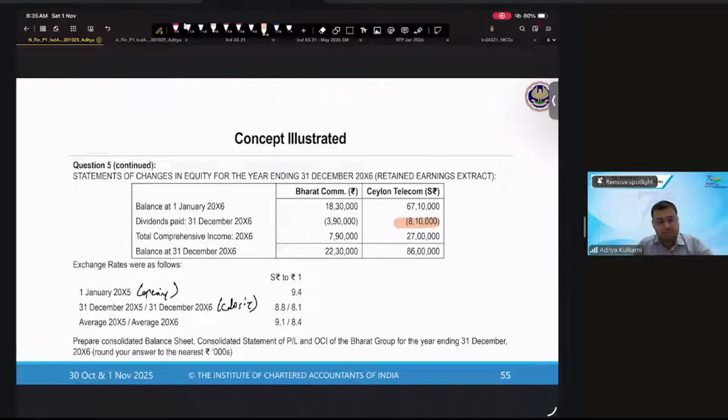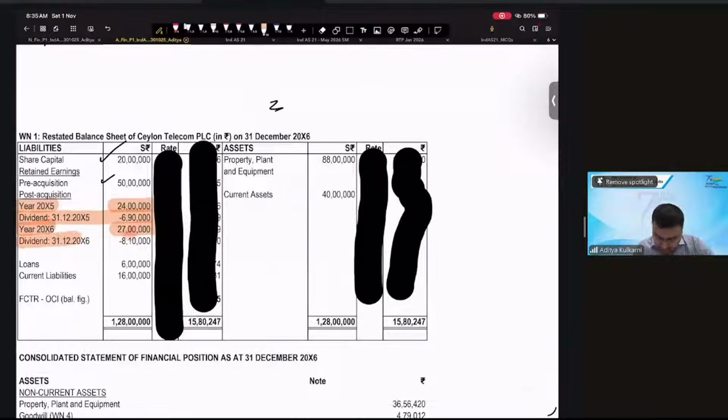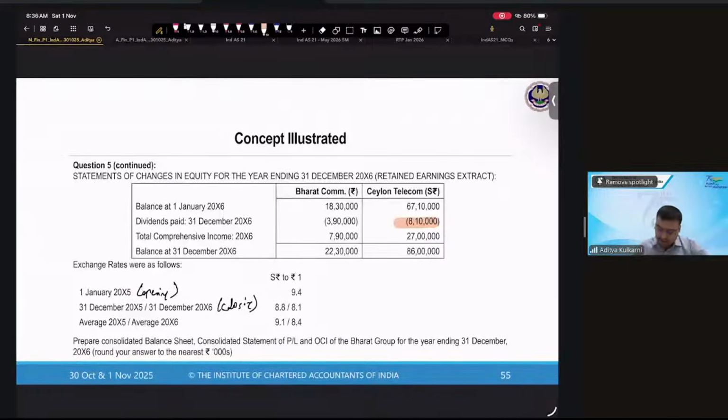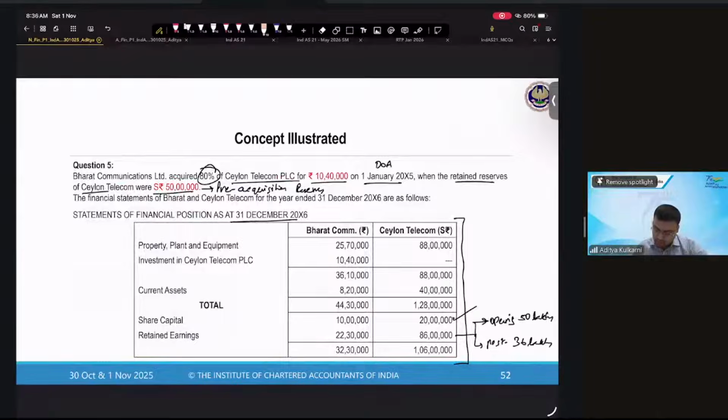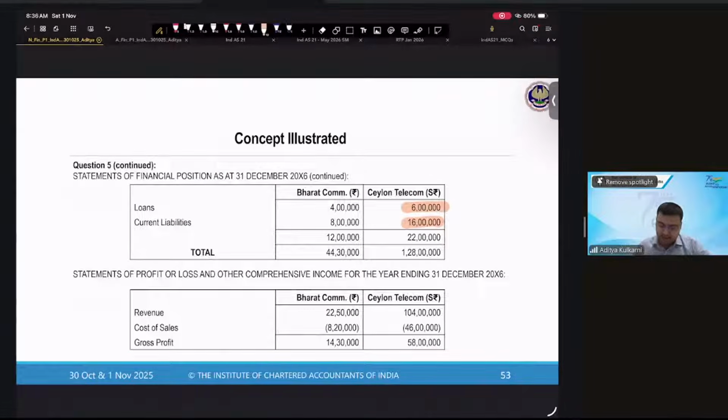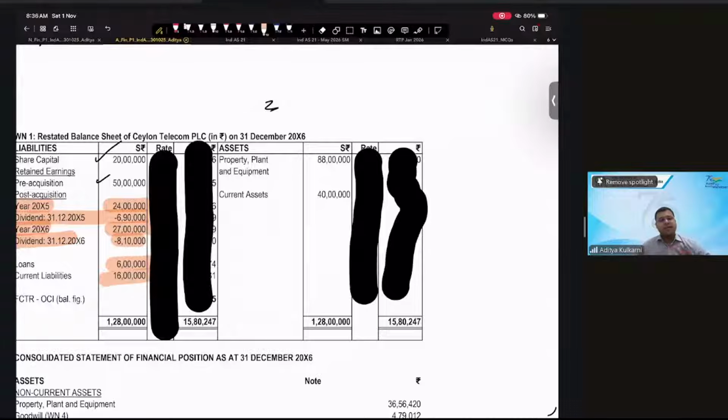Are you able to follow? Yes. So minus the dividend paid 8 lakh 10,000. So this is your reserves position. Then you have loans 6 lakhs and current liabilities 16 lakhs. Any doubt so far? Have I captured everything on the liability side?